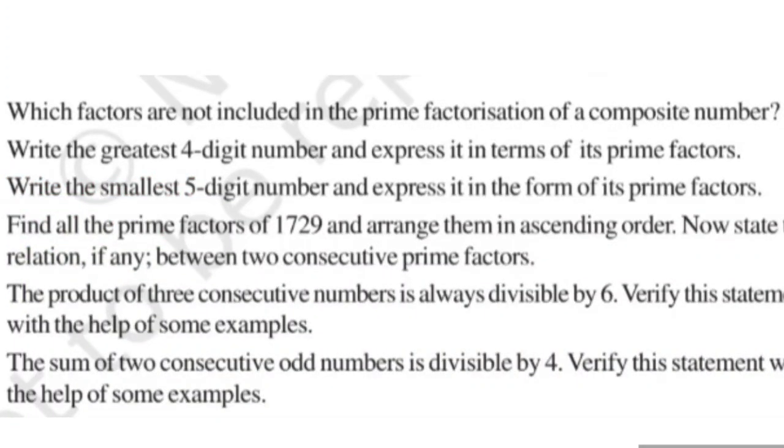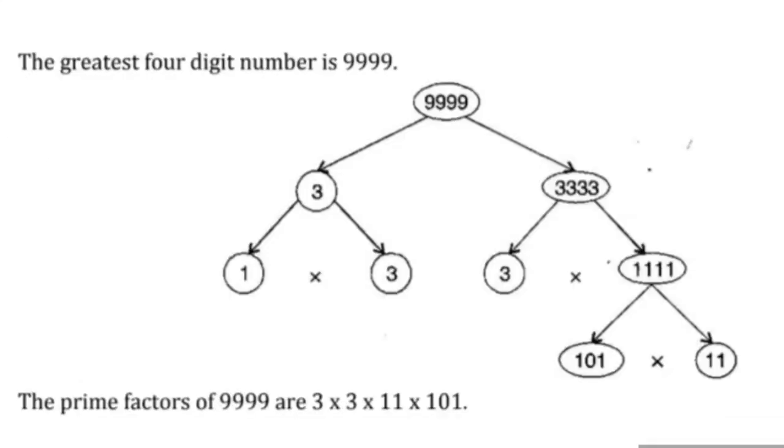Come to the next one. Write the greatest 4-digit number and express it in terms of its prime factors. The greatest 4-digit number is 9999. This 9999 can be broken up into 3 into 3333.